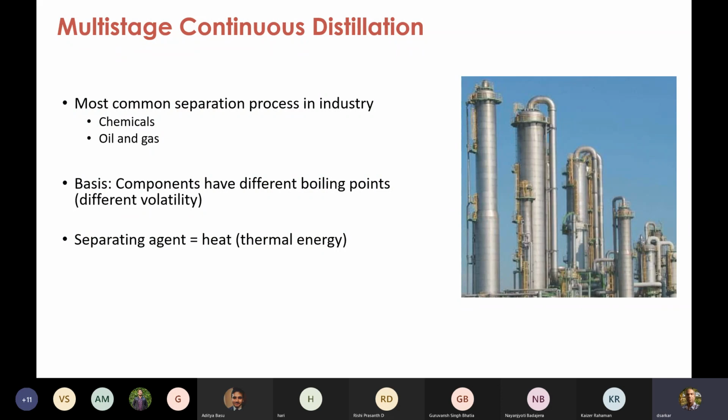So when you have such a binary mixture, and you partially vaporize the feed solution, and this liquid and vapor, these two streams, come in direct contact with each other, let the equilibrium be established, and then you take out the vapor part and condense it.